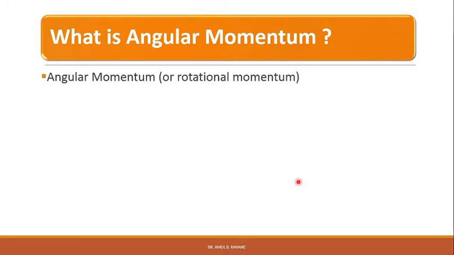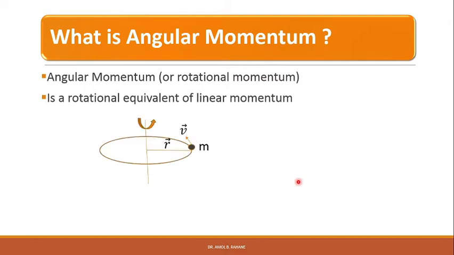Angular momentum or rotational momentum is a rotational equivalent of linear momentum. If a body of mass m is rotating about an axis at a distance r, then the angular momentum of the body is given by L vector = r vector cross mv vector, where mv vector is the linear momentum, and therefore we can write L vector = r vector cross p vector.